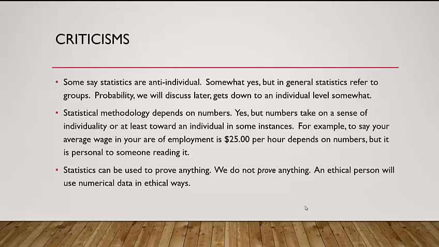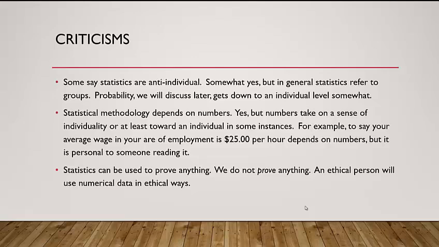And so if you're an unethical person, then you might say these numbers prove this. If you're an ethical person, you're not going to use the word prove, and you will bring in all the data you can that's available to you, and you will talk about the limitations in the data that were unavailable to you, and then based on the numbers you have, you will give your organization, your summary, your analysis and interpretation, those four things we talked about earlier.